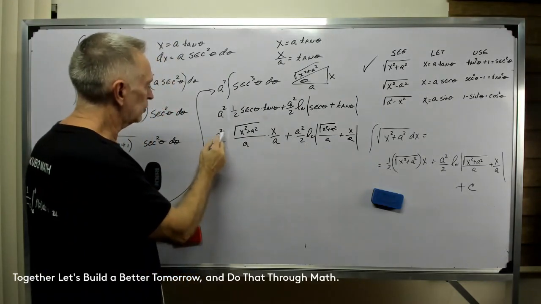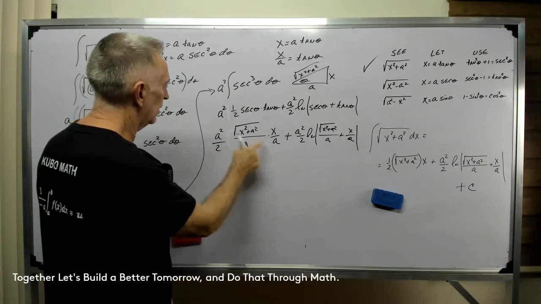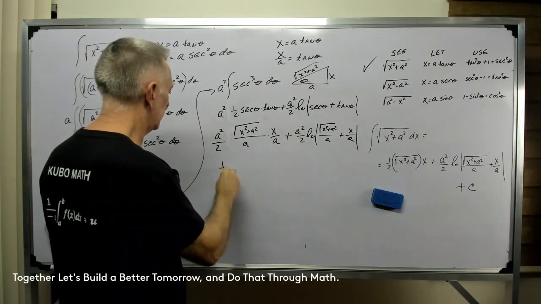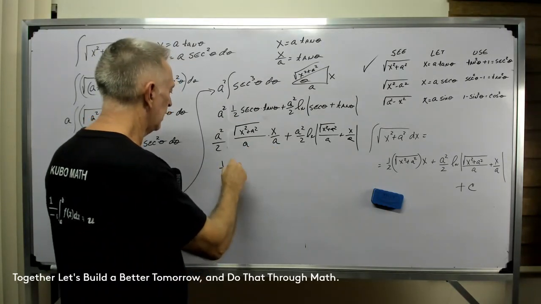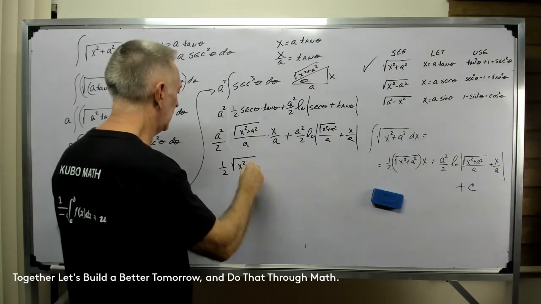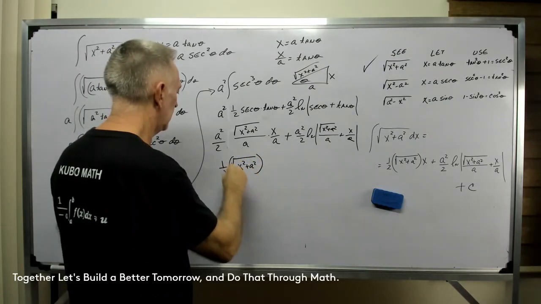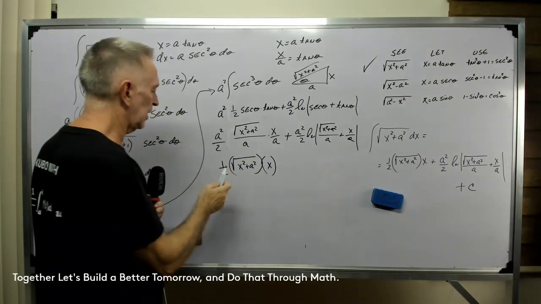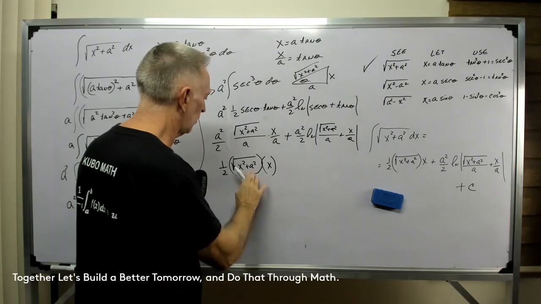Now I have a squared over a squared. So that cancels. So I end up with 1/2 times the square root of x squared plus a squared times x. All these a's just canceled. Now I'm leaving my 1/2 in there.